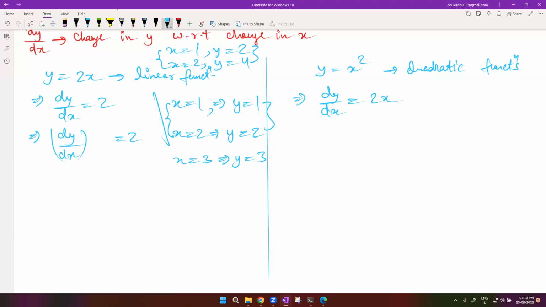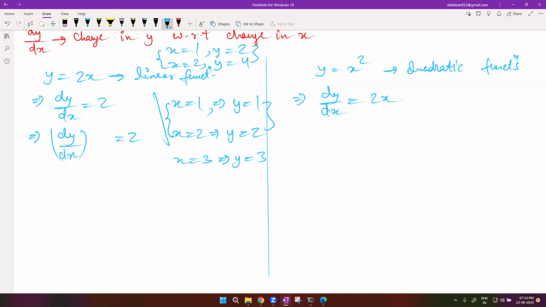This is saying that dy by dx depends on x, right? Y equals x square and dy by dx equals 2x means that the value of dy by dx will change as x changes. In fact, if you increase x, then the change in y will be higher. It will keep on increasing. For example, if you put x equals 5, then dy by dx is 10.